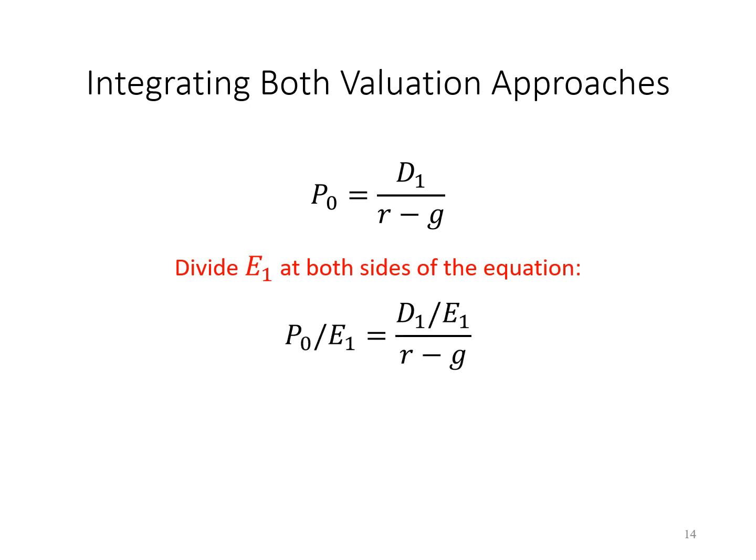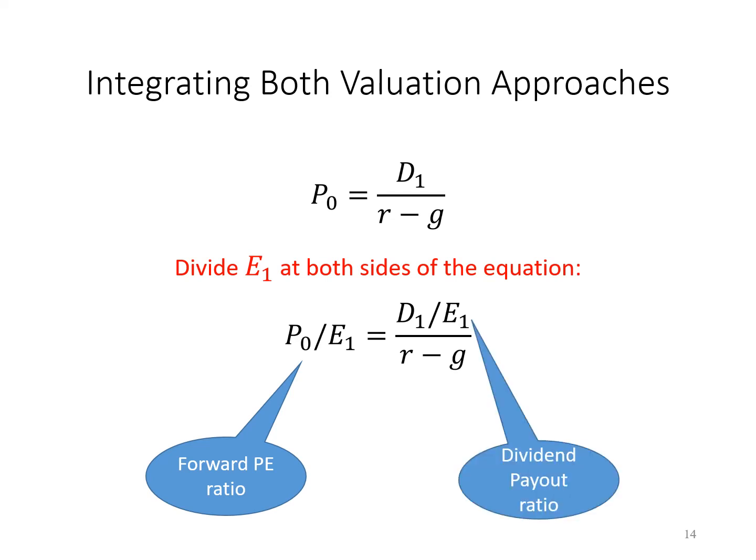The left-hand side of the equation is a forward P/E ratio, with price today divided by expected earnings 1 year later. On the right-hand side of the equation, the numerator is the expected dividend payout ratio. So, this equation shows that the price-earning ratio that you would be willing to pay is influenced by dividend payout ratio.